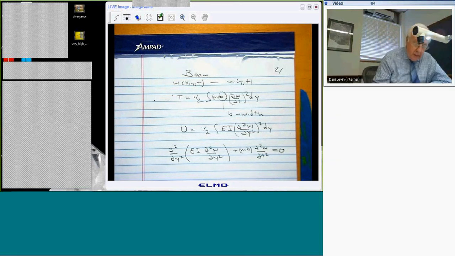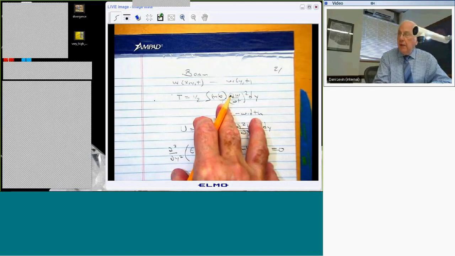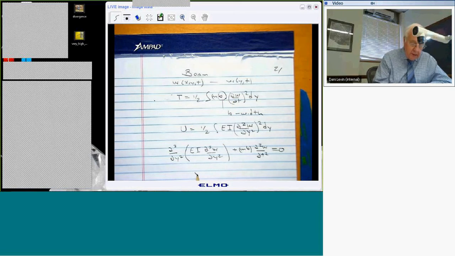Now, what do I want to find? I want to find those magic modes, the Eigen modes. To do that, I take W as a function of y and t and assume it's of the form W bar of y, e to the i omega t.